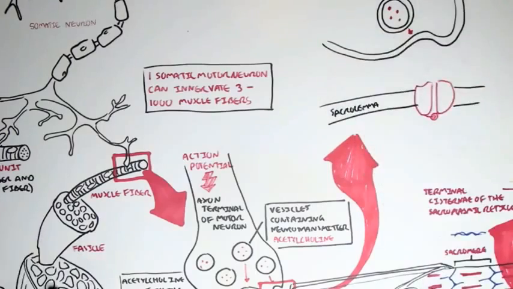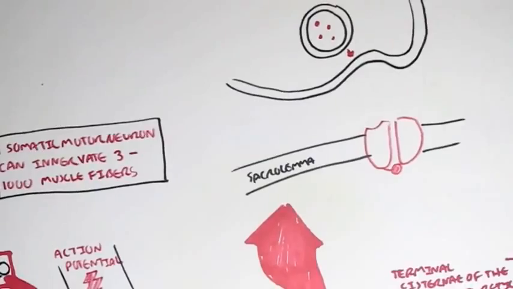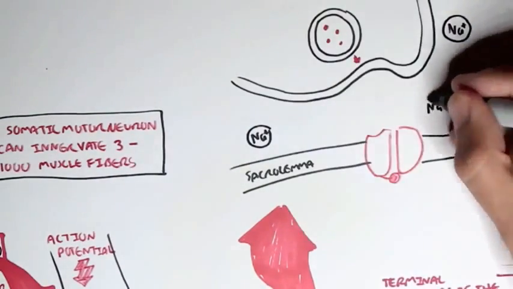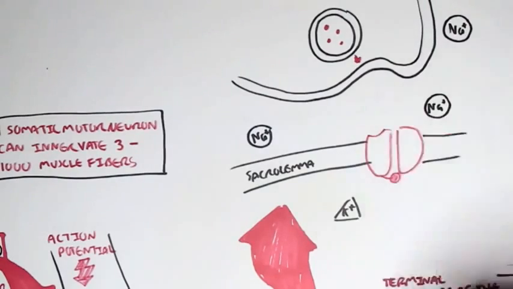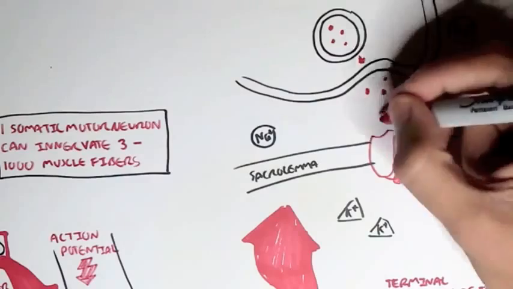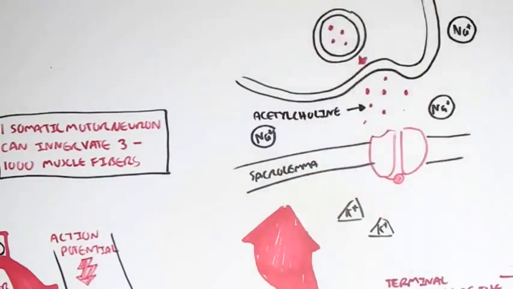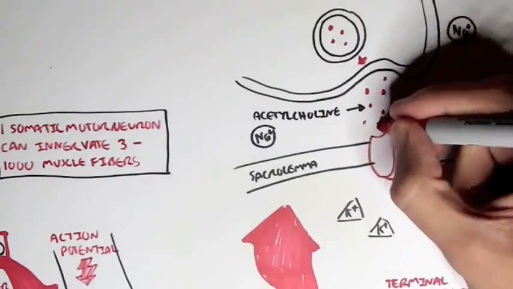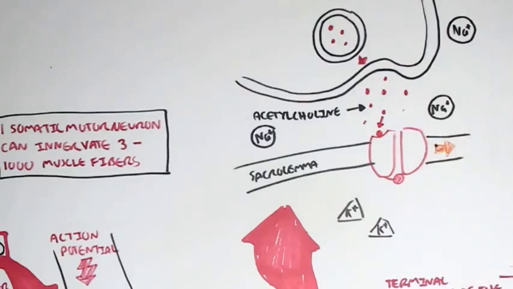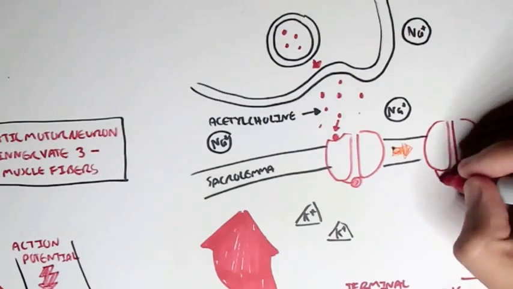And a point to make, which is pretty important, is that outside in the extracellular fluid, we have high concentrations of sodium, and within the sarcolemma, inside the cell, we have high concentrations of potassium ions. So what happens is when the vesicle releases acetylcholine out, the acetylcholine will then bind onto this receptor, which will cause the receptor to open.